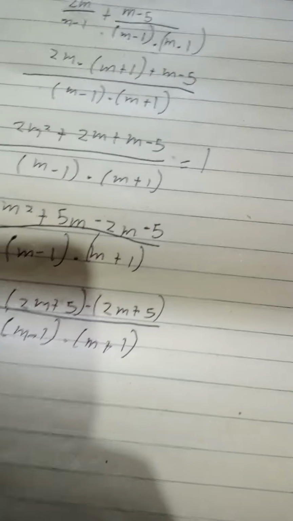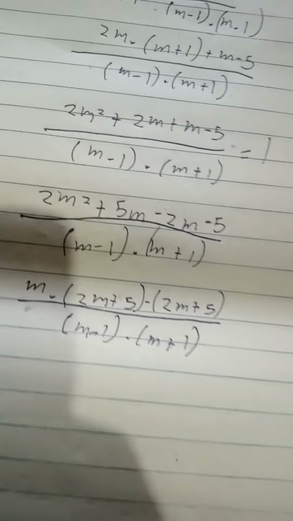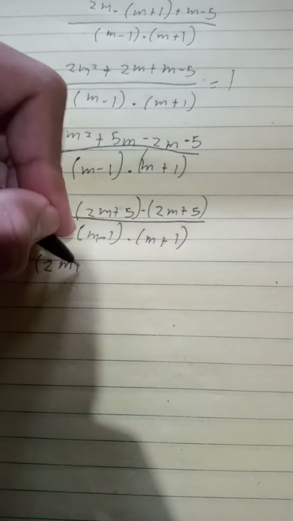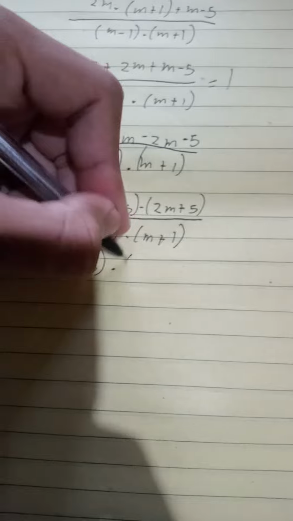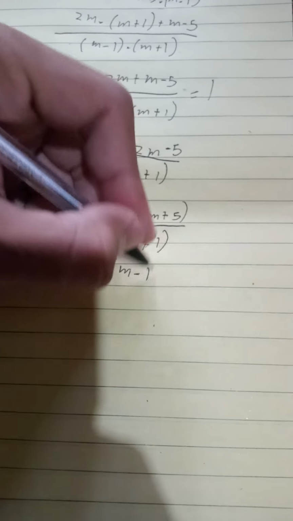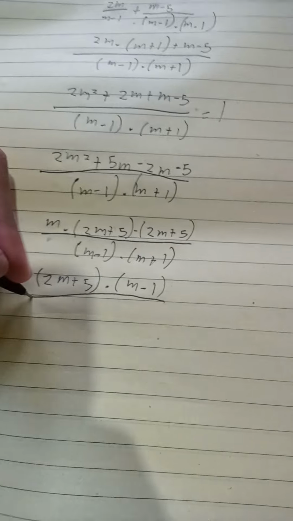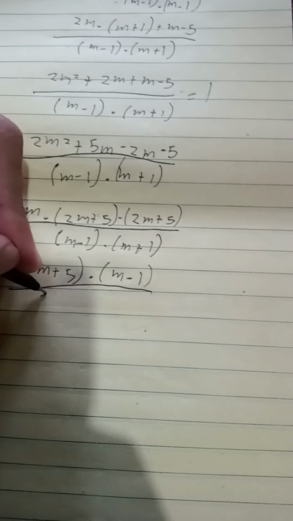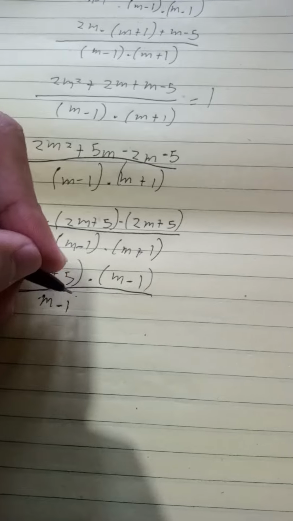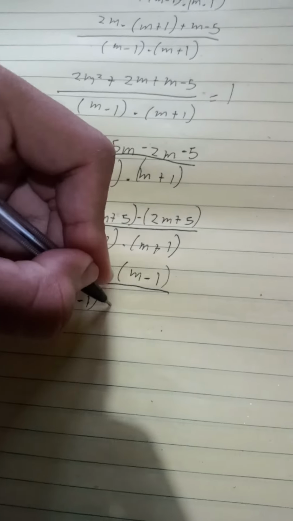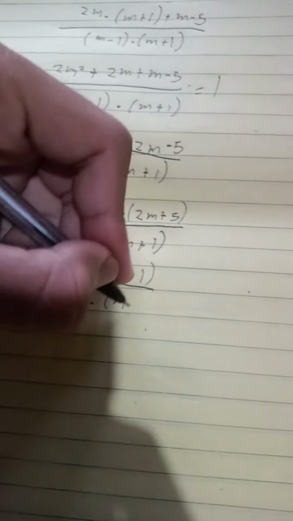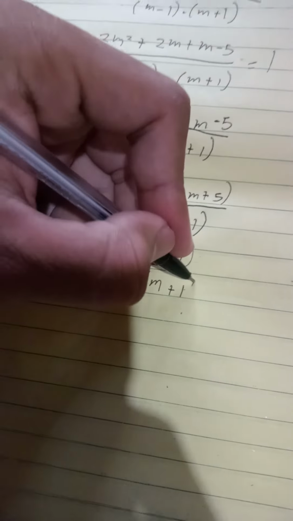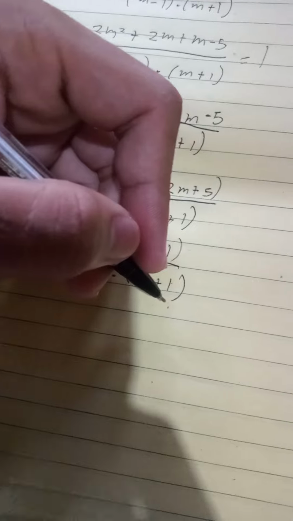So we're going to reduce the fraction. So it will be 2m plus 5 times m minus 1 over m minus 1 times m plus 1 equals 1.